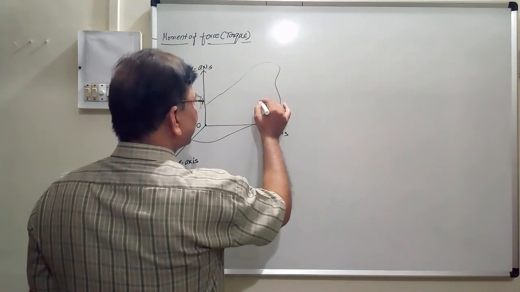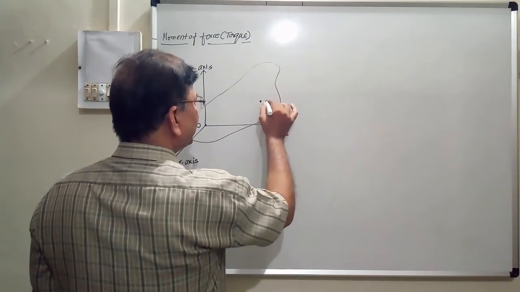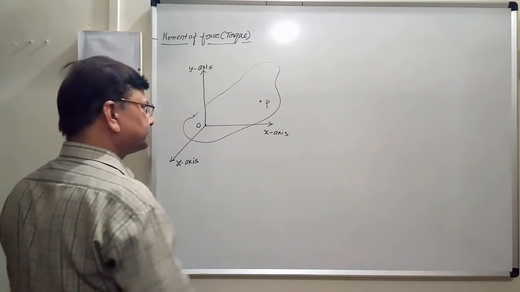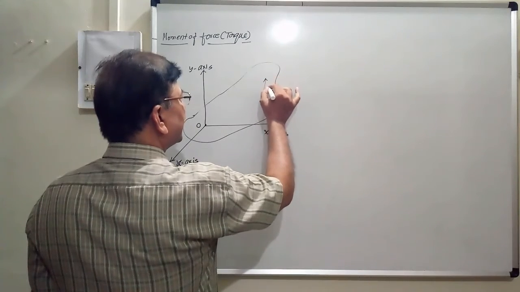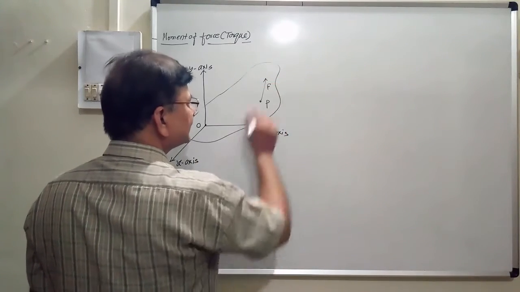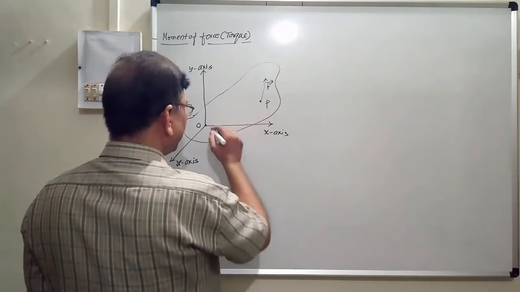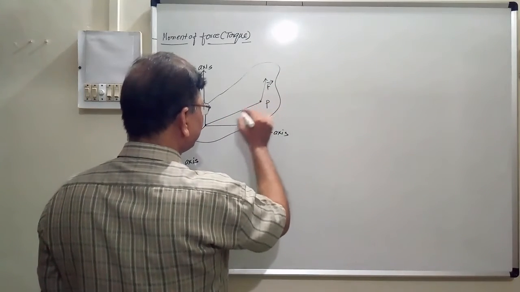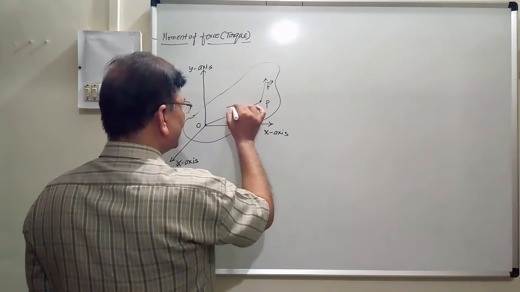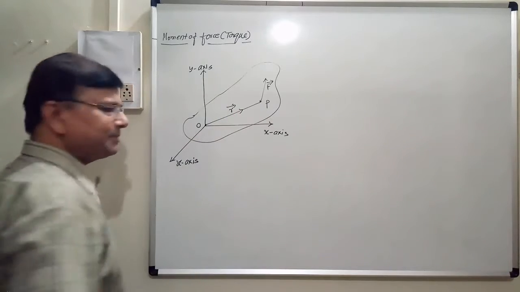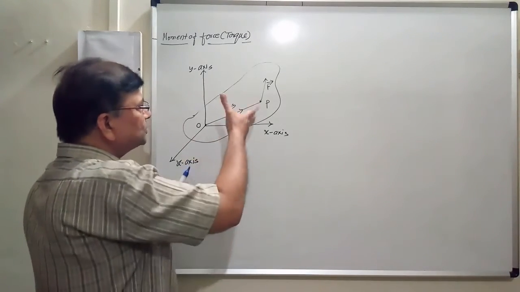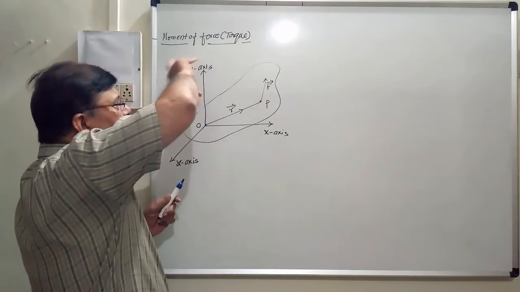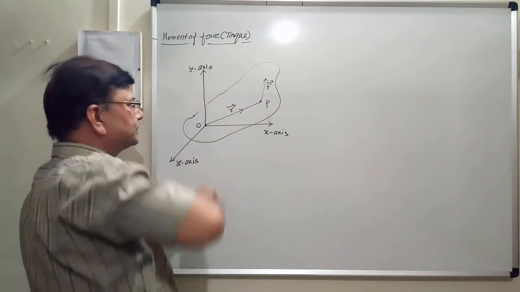If we consider any point P over here, when a force F is applied in this direction and its position vector with respect to this coordinate system is r, then you see this force will try to rotate the object in this direction.